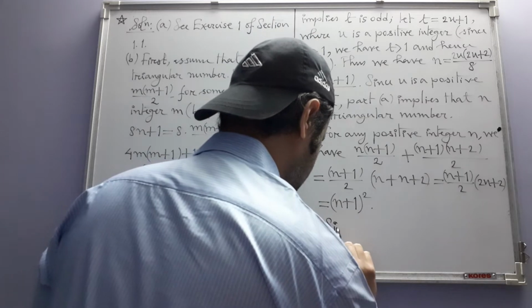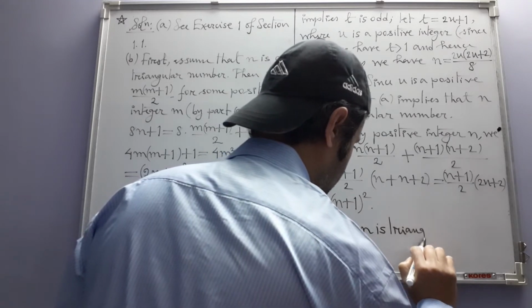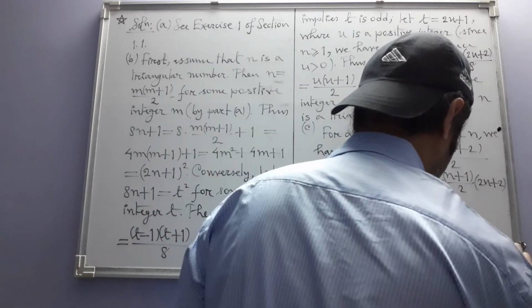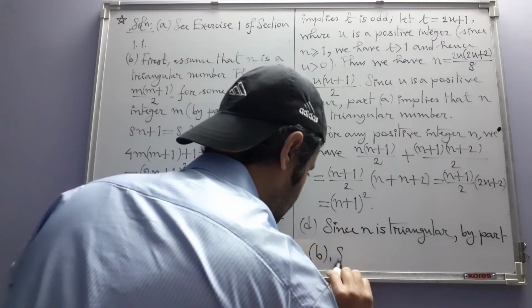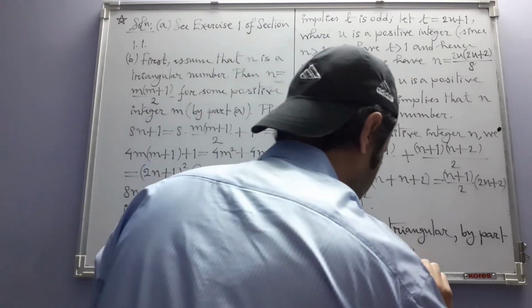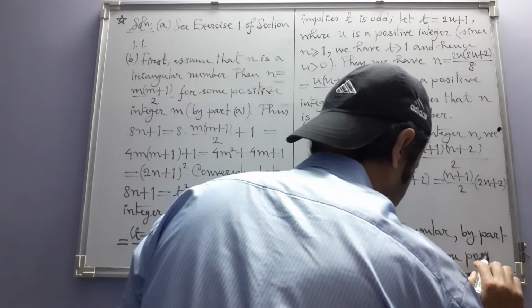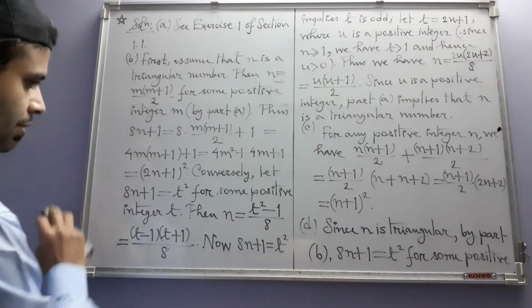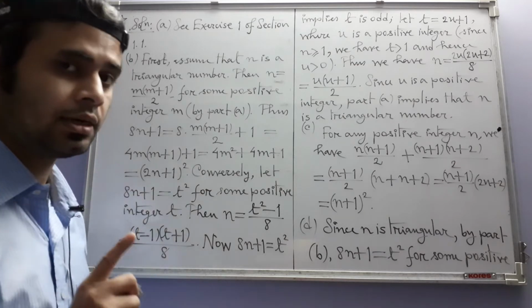Since n is triangular, by part B, 8n plus 1 is equal to t square for some positive integer t, and we are able to do this because this condition is a necessary and sufficient condition.